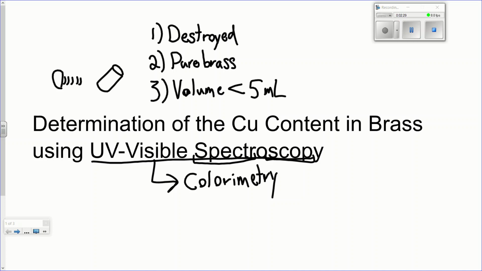So in chemistry, there are lots of different kinds of spectroscopy. UV visible spectroscopy is going to focus on the ultraviolet and visible parts of the electromagnetic spectrum. And since another word for the visible portion of the electromagnetic spectrum is color, colorimetry is another word we can use for UV visible spectroscopy.